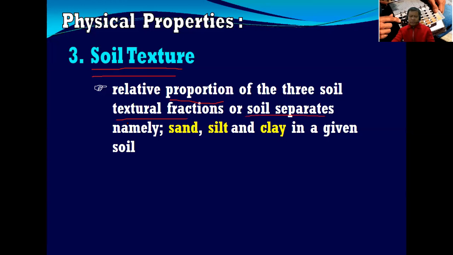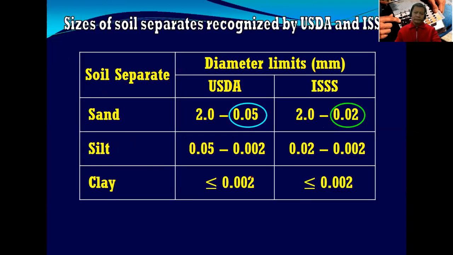When we say textural fractions or soil separates, we are talking about sand, silt, and clay in a given soil. If we have a pint or a cup of soil, it is composed of different proportions of sand, silt, and clay. That is the soil texture.